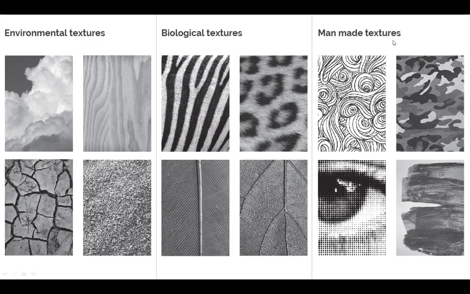A painting is basically made by a human being. You can get a brush and paint and then you design something. But at the end of the day, your painting will give you what we call a texture.